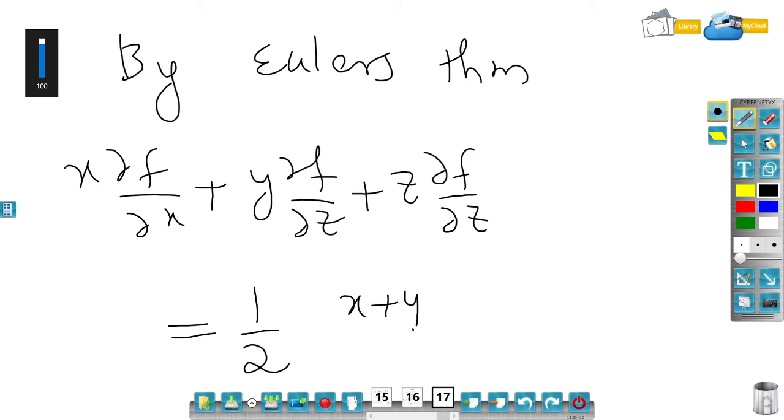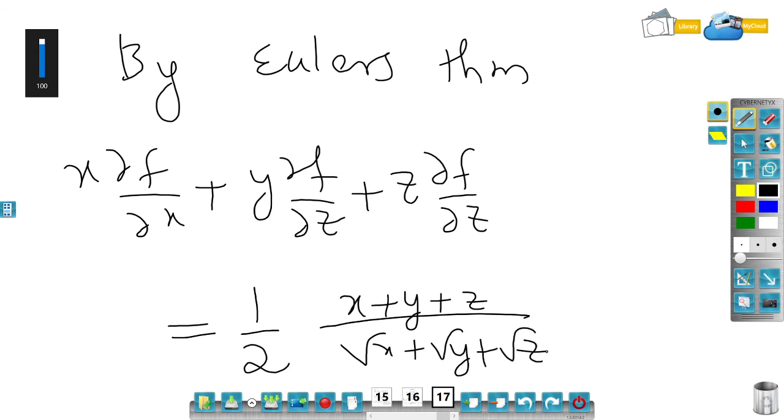So x plus y plus z upon root x plus root y plus root z. You can see that beautifully it gives a partial differential equation without much effort. So there are many such examples wherein you can easily find the answers to integrals and partial derivatives.